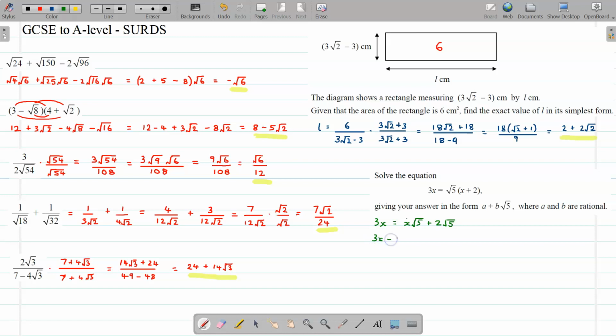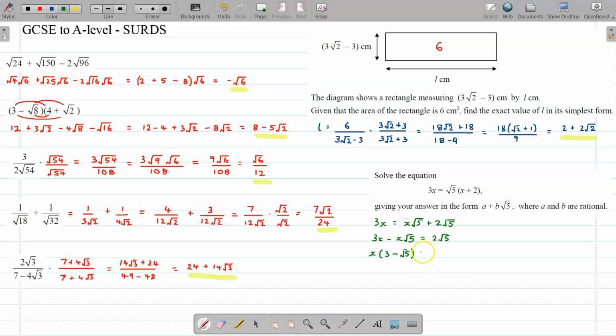3x minus x root 5 equals 2 root 5. The reason I've done that is because I can now factorize out the x from the left-hand side. So I have a single x term in the equation, so I can solve it. So it's 3 minus root 5 times x.